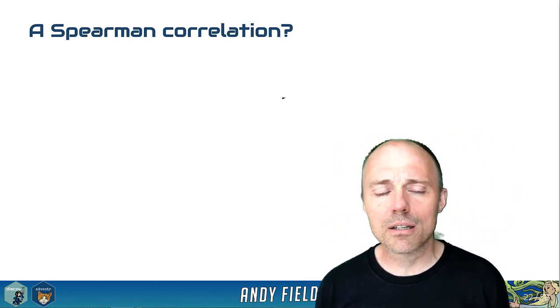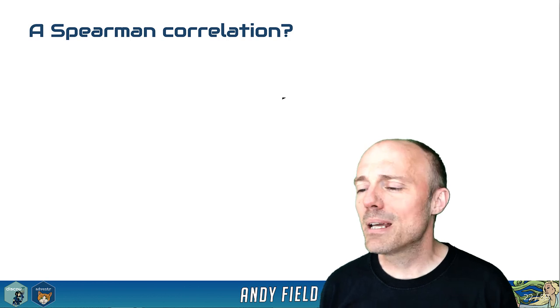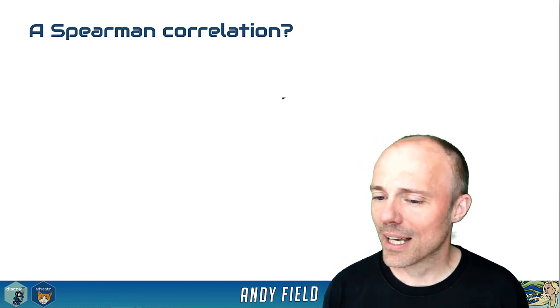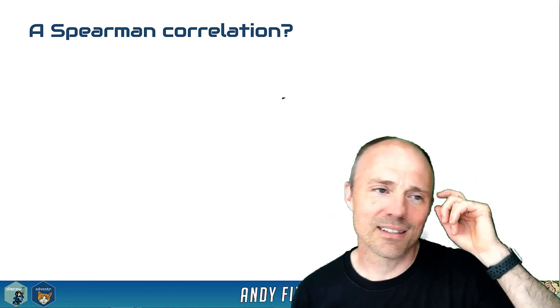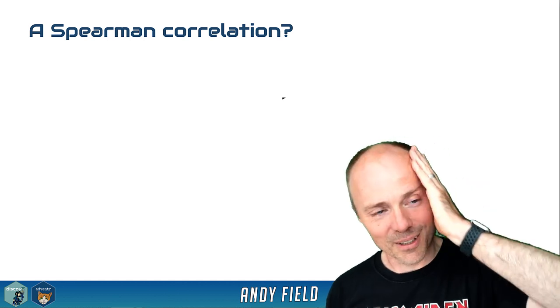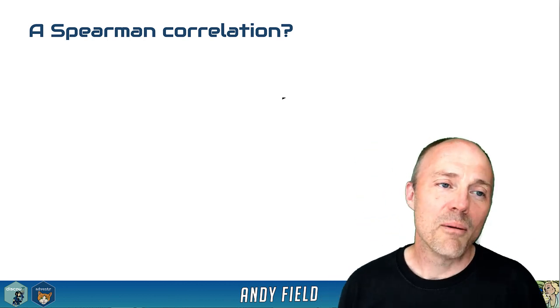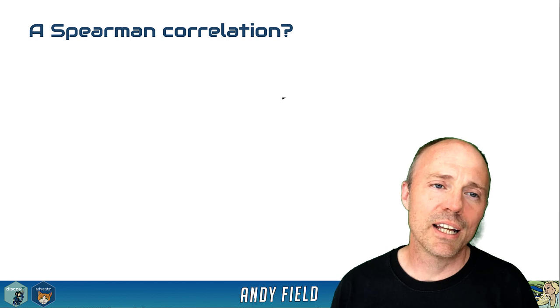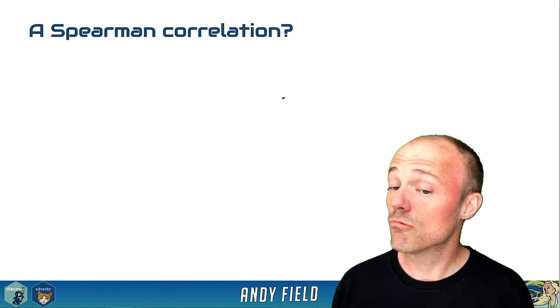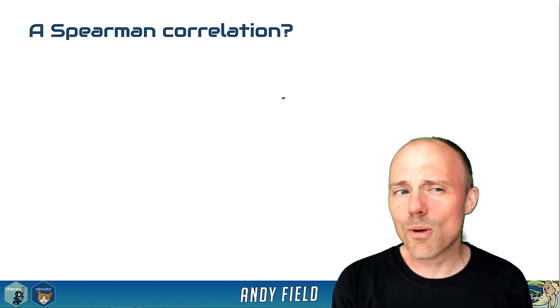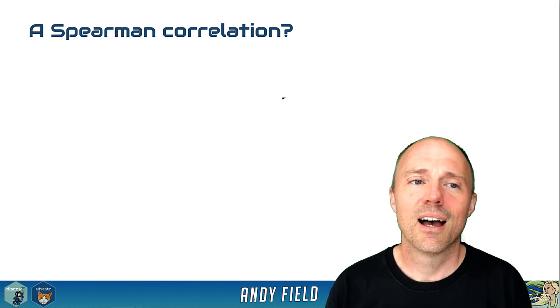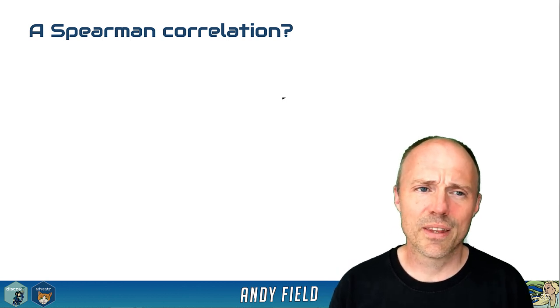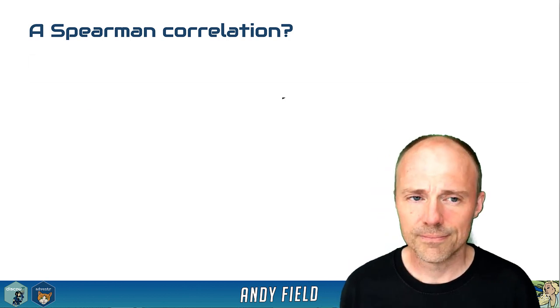I'm going to try this because a Spearman correlation is something known as a non-parametric test, which everyone seems to think means that it makes no assumptions, but it does make some. A Spearman correlation looks for associations or relationships between variables, which is what a chi-square test does. So maybe we can use this without getting into too much trouble.